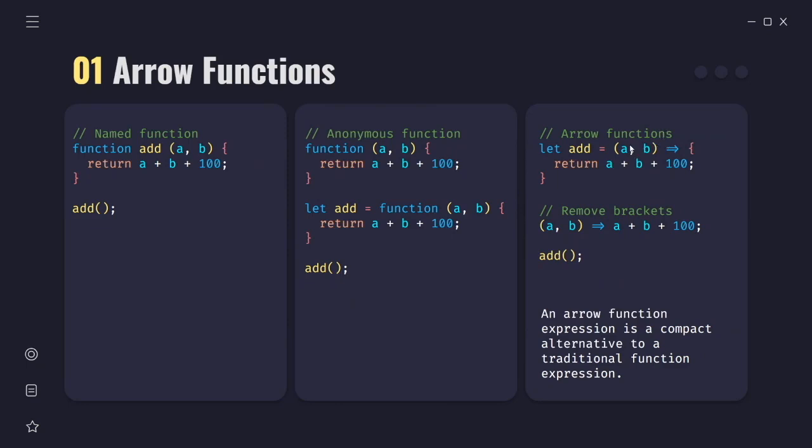So what is the difference in an arrow function compared to these traditional functions? The only difference is there is no keyword called function, right? Here you can see this is an arrow function. There is no keyword called function. Instead, we have an arrow.